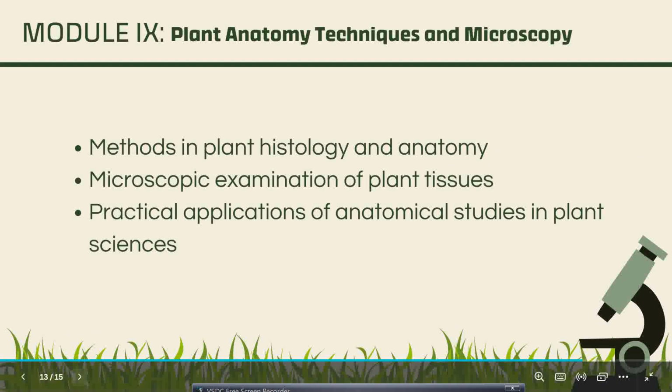Now about module 9, plant anatomy techniques and microscopy. So these are the things that will have a practical point of view. So here the methods in plant histology and anatomy, microscopic examination of plant tissue, practical applications of anatomical studies in plant sciences.